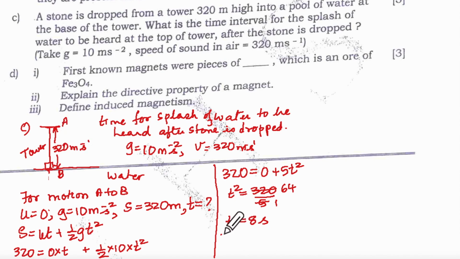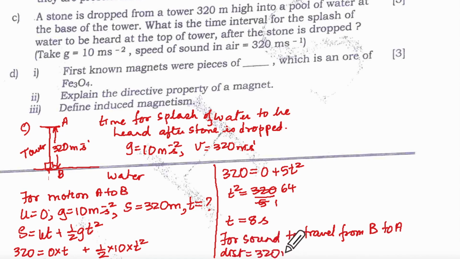Okay. Now I'm going to say for sound to travel from B to A, distance is equal to 320 meters and the velocity of sound is 320 meter per second.